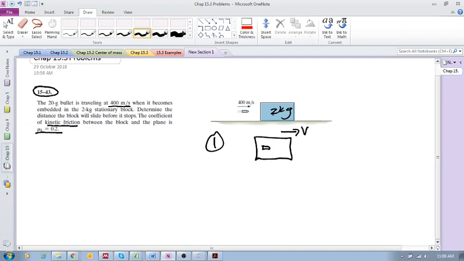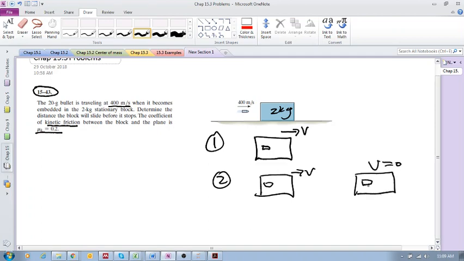That's our first analysis. Then our second analysis is it starts moving with this velocity and then comes to rest where v equals 0.